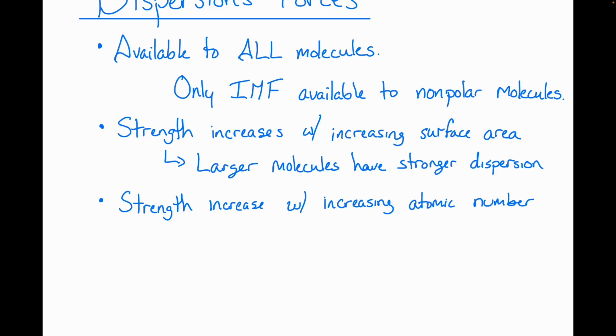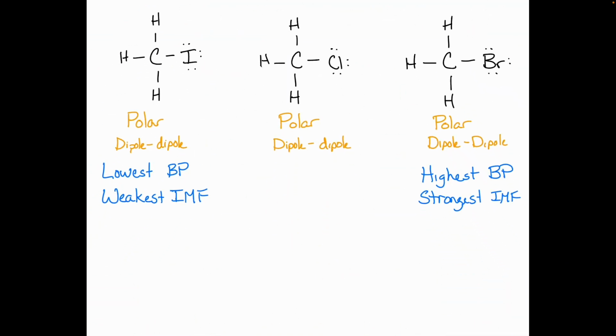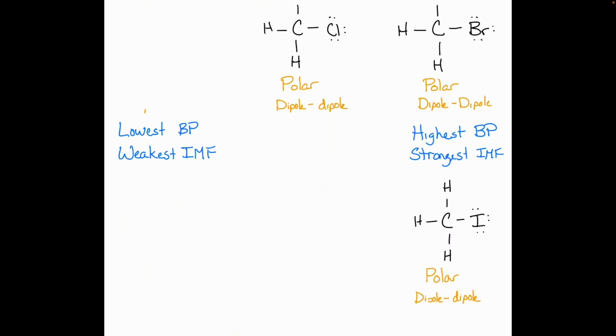So since the dipole-dipole interactions are about equal in those three molecules, the difference here is going to come from that increasing atomic number in our halogen. The highest boiling point is going to be this large iodine here, and the lowest boiling point is going to come from our smallest halogen, chlorine.